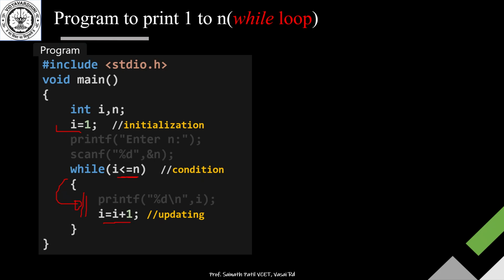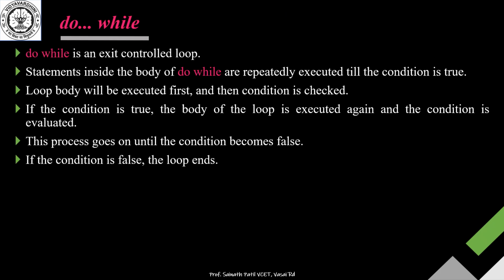Do while is a little bit opposite to that. Do while is an exit controlled loop, opposite to while, which is an entry control loop.